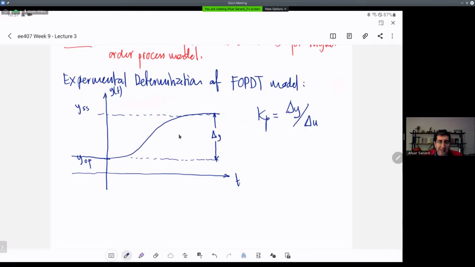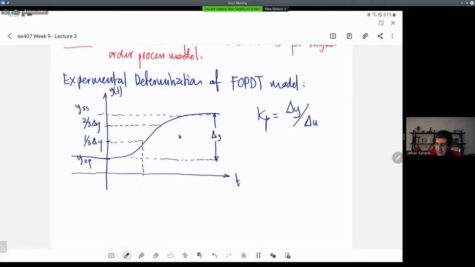One way cited in the literature for finding out about the process time constant is that you find first the time where the output reaches 1/3 of delta y and 2/3 of delta y, and you find the times corresponding to those instants.